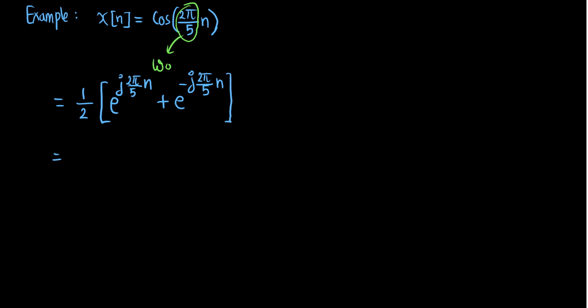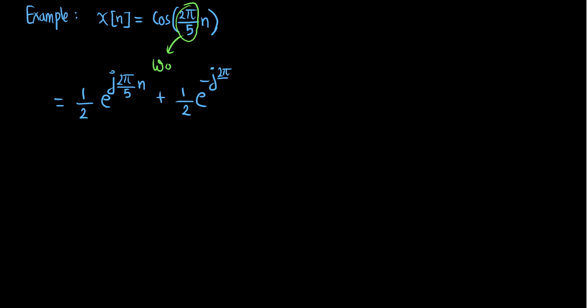and of course we can distribute this half factor, so it is going to be half times e power j 2 pi by 5 n plus half times e power minus j 2 pi by 5 n, and this half and half are the a_k. So this is a_1 and this is a_minus 1.